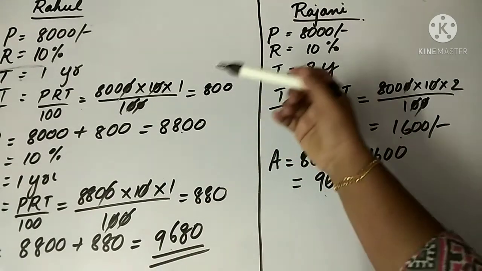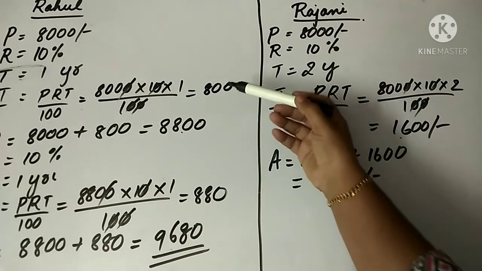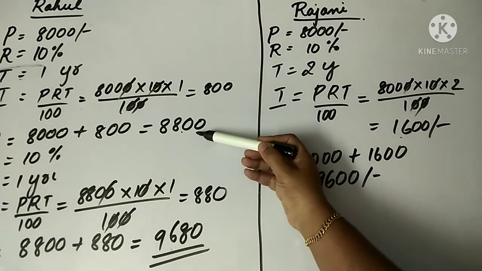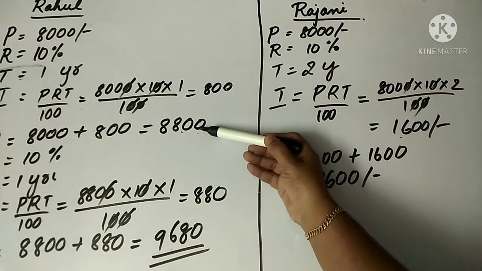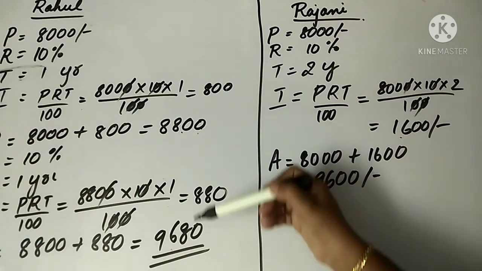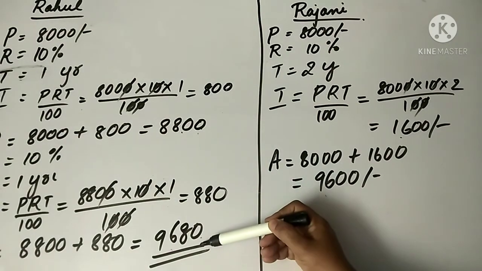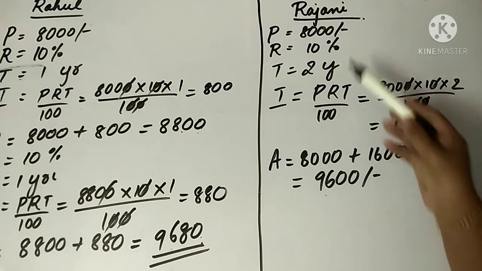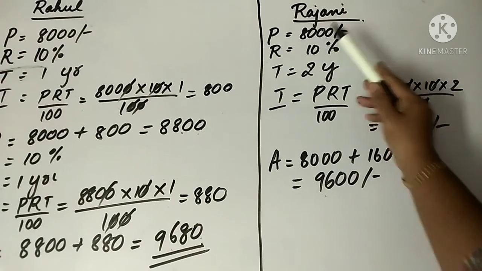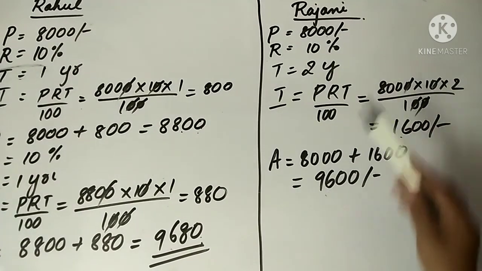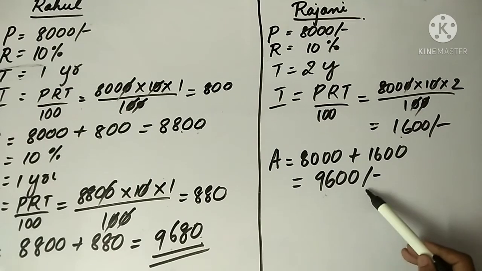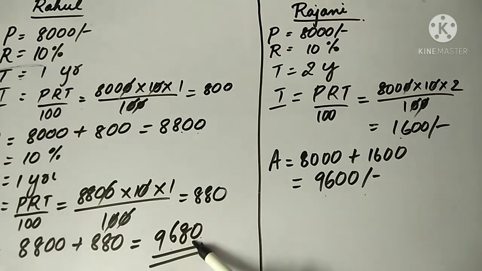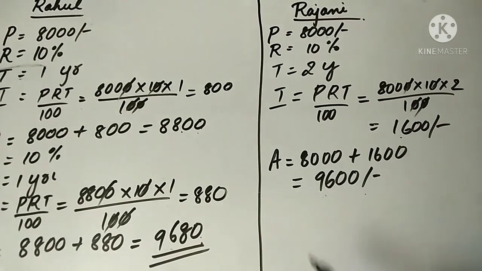After the first year, he withdrew the principal amount as well as the interest and redeposited, so the principal amount became 8,800. So his amount after 2 years is more compared to Rajani. Rajani deposited the same amount 8,000 for 2 years, so she gets back only 9,600. Rahul gets 80 rupees more as compared to Rajani.